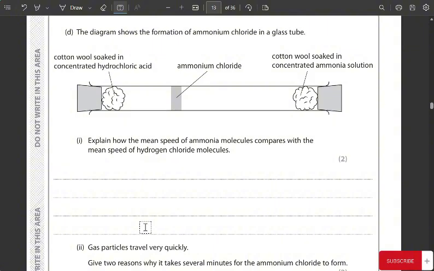The diagram shows the information about ammonium chloride in a glass tube. Here we can see the experiment. Explain how the mean speed of ammonia molecules compares with the mean speed of hydrogen chloride molecules. Okay.